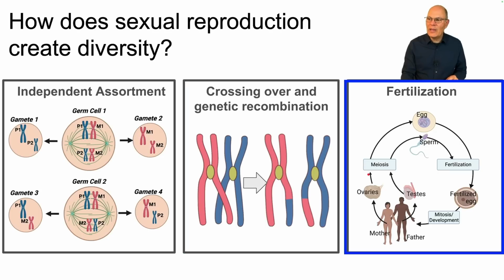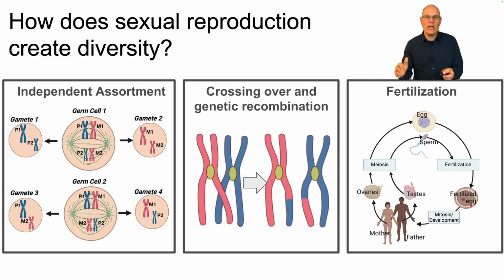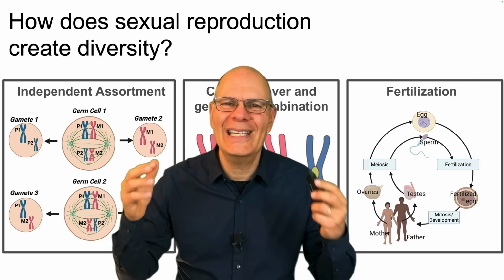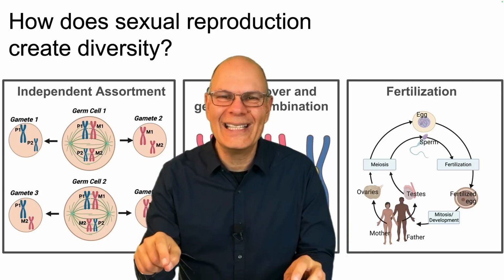And then finally, there's fertilization, where the sperm and egg from different individuals combine in a fertilized egg. And that is the third generator. And that's why sexual reproduction creates diversity. It explains you, it explains me. Biology, is it amazing or what?